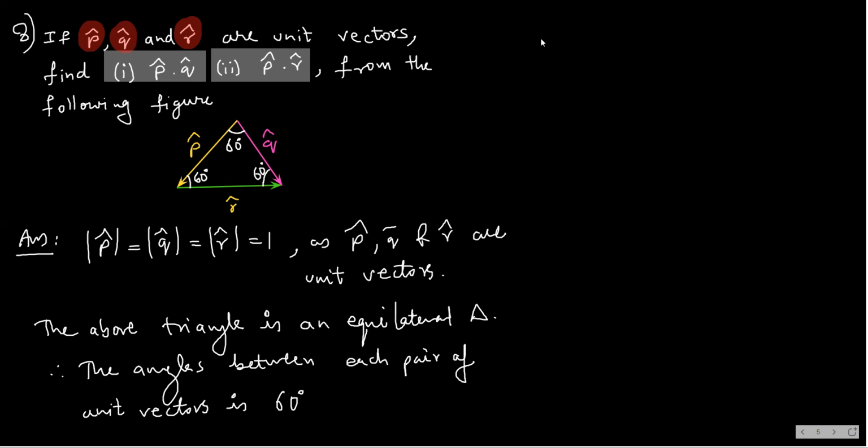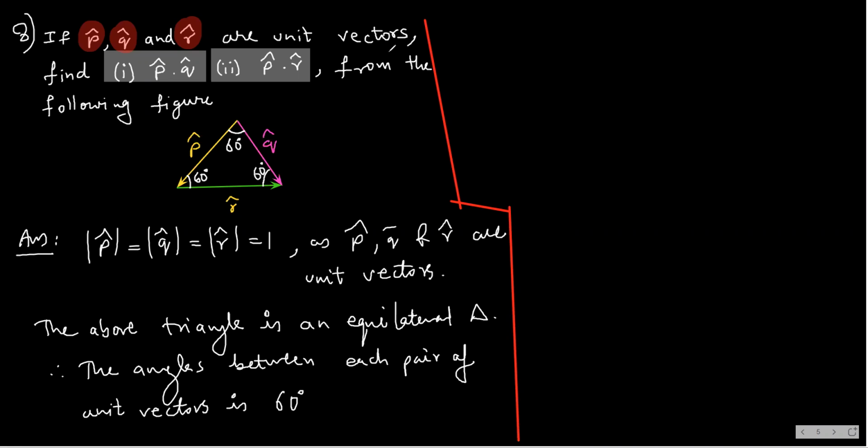That is, whichever two vectors you take, the angle between them will be equal to 60 degrees. So angle between P cap and Q cap, 60 degree. Angle between P cap and R cap, 60 degree. R cap and Q cap, 60 degree.